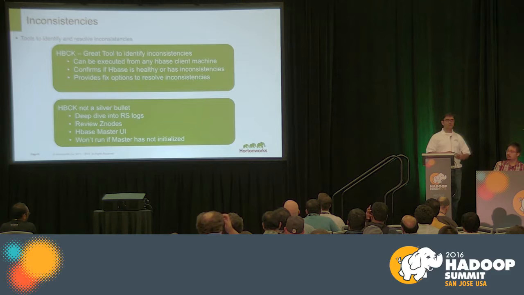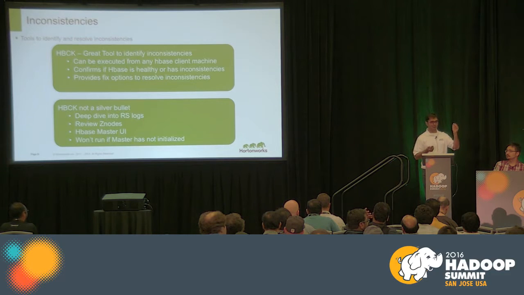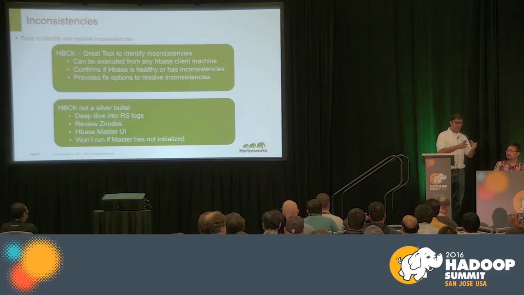And it also comes with fix options. Let's say you have a hole on your HDFS. You can run the fix HDFS holes option to get that corrected. So it provides an option to identify and fix. However, it's not a silver bullet.